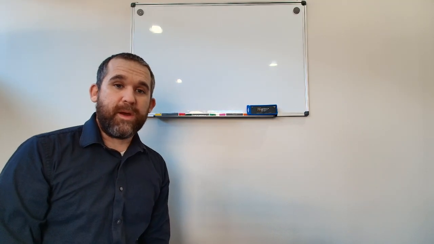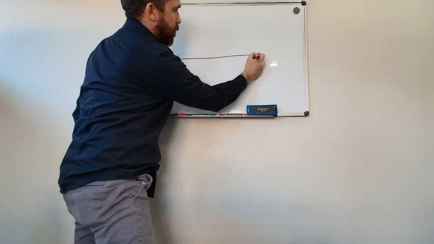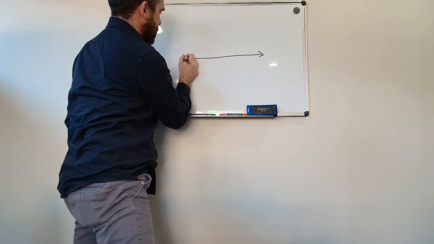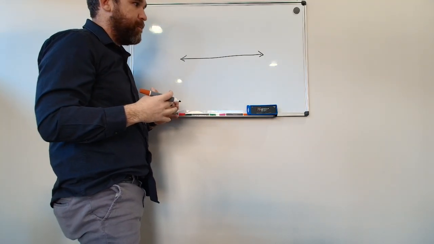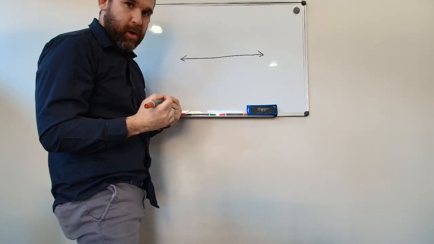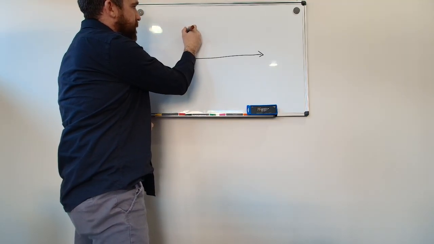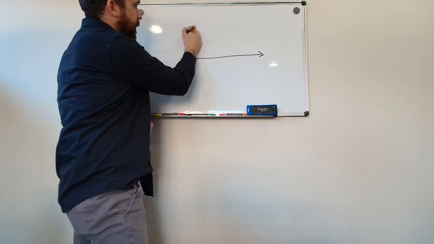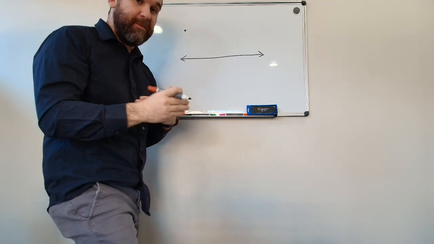So the way we're going to start here is we're going to write down a horizontal line. Now this line represents your behavior. It represents what we can see. So if I were a fly on the wall, I would be able to observe all the things that you're doing behaviorally.